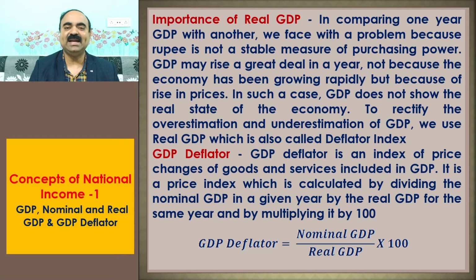It is a price index which is calculated by dividing the nominal GDP in a given year by the real GDP for the same year and by multiplying it by 100. GDP deflator can be calculated by using the equation: GDP deflator is equal to nominal GDP by real GDP into 100.